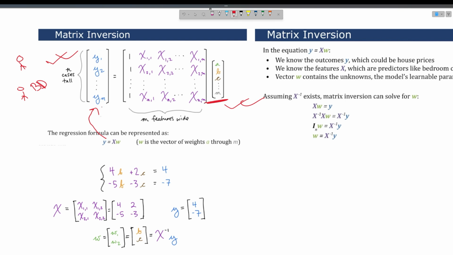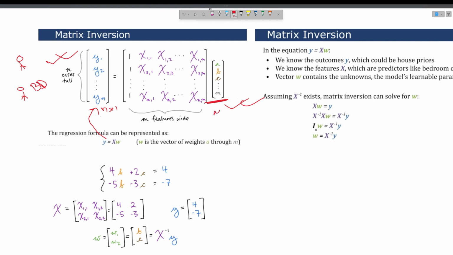There are multiple, n rows, and we have one column, right? We can just call the whole thing the y matrix. This whole thing we can call the X matrix, and this thing we can call W. But what's the dimension of it?